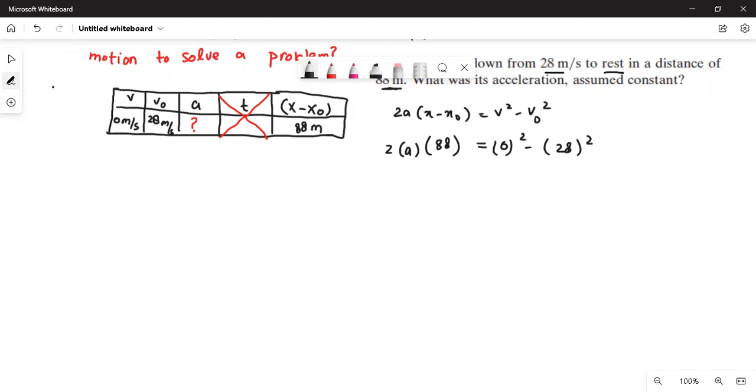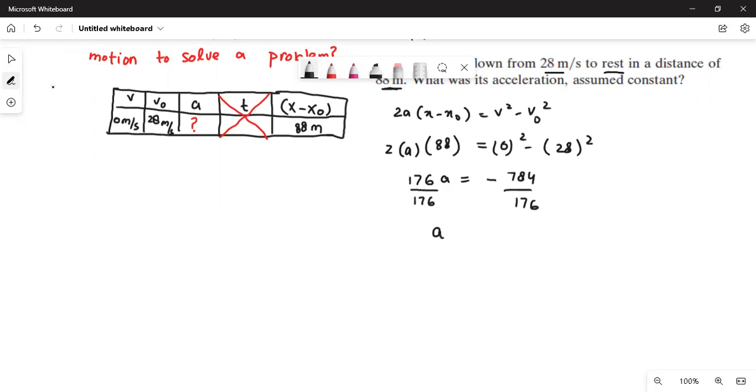Okay. 176 times a is equal to 0 squared, which is 0, minus the square of 28, which is negative 784. Now on both sides you will divide by 176.